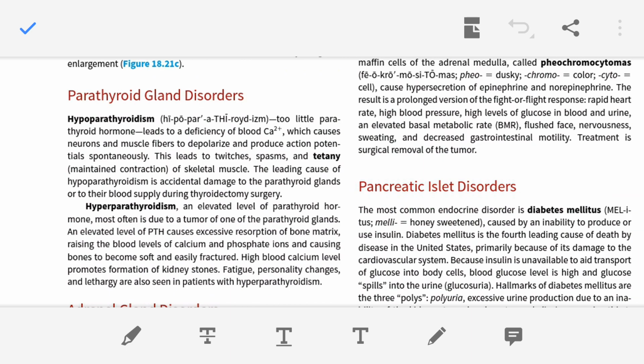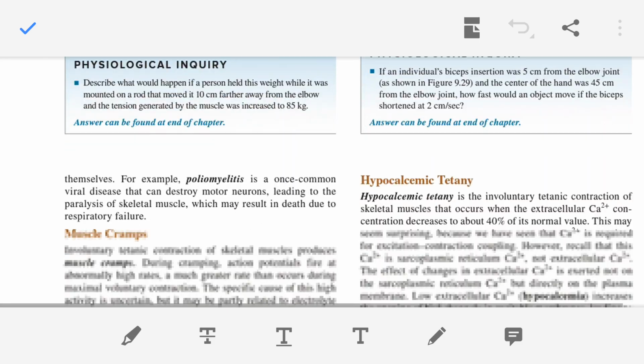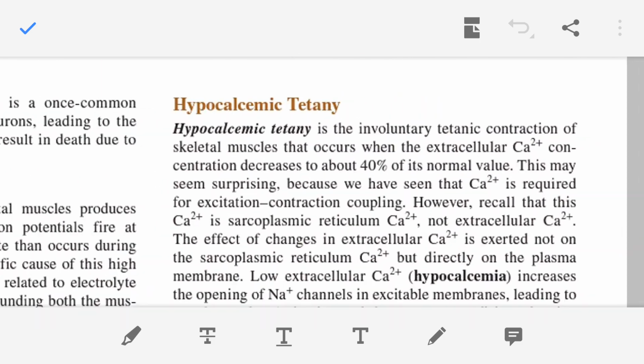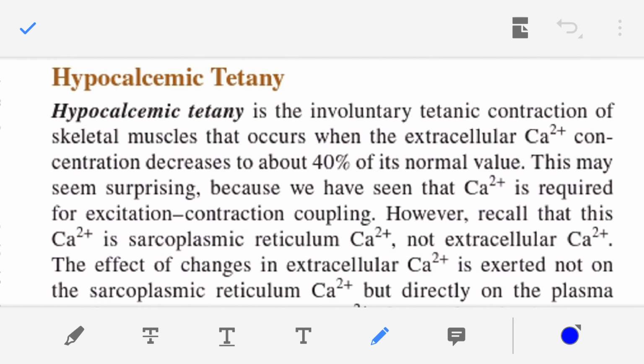Now we are moving forward, and over here, see, hypocalcemic tetany. So what is hypocalcemic tetany?